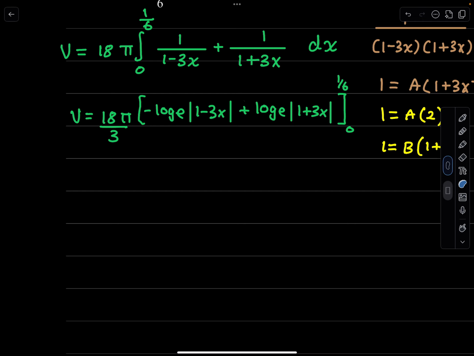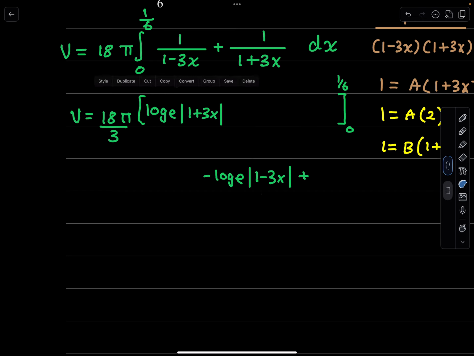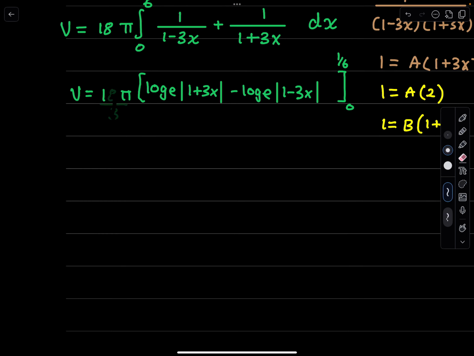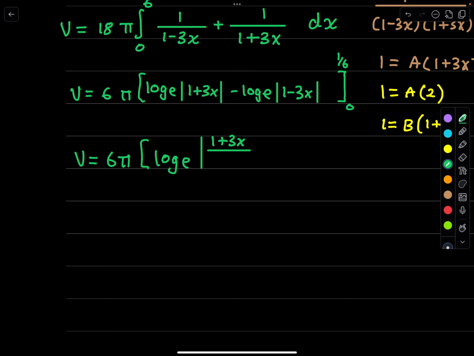Let's make them nicer by pushing this one over here and this one over here. By the way, this becomes 6 pi after simplifying. What happens when you have two logs minusing? Of course, they're going to divide, the inside is going to divide. So it becomes 6 pi times log e of the absolute value of 1 plus 3x all over 1 minus 3x, close bracket, from 0 to 1/6.